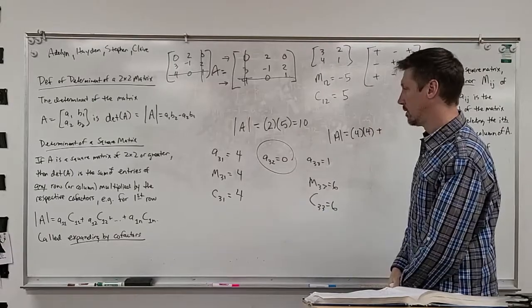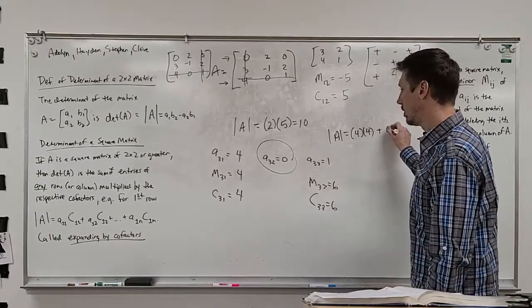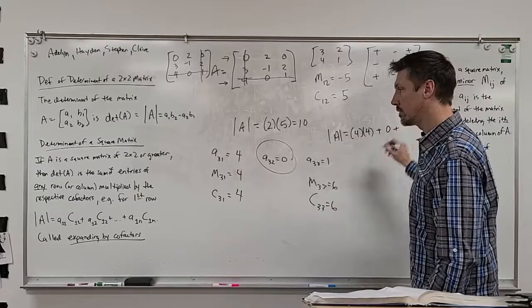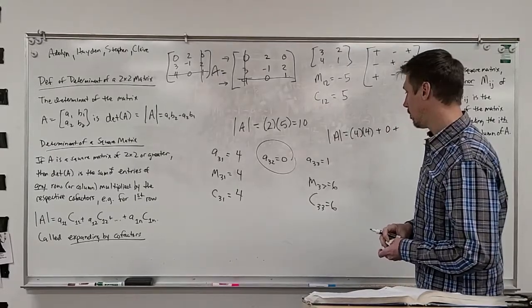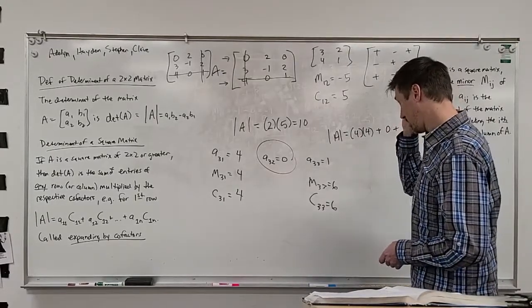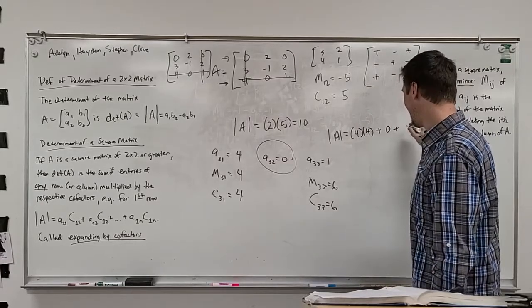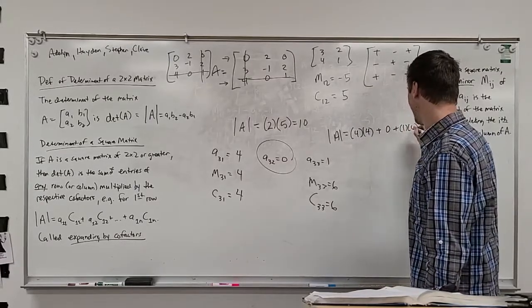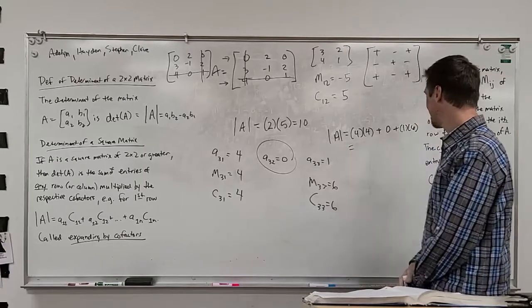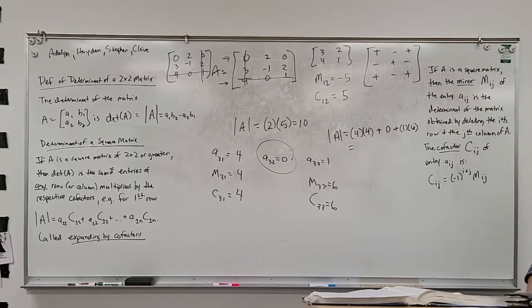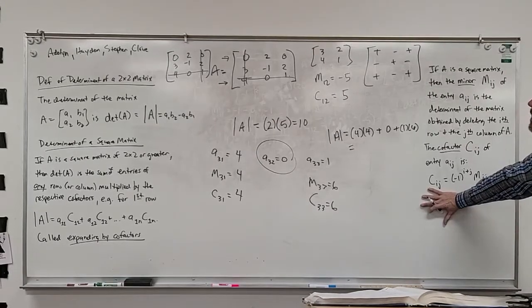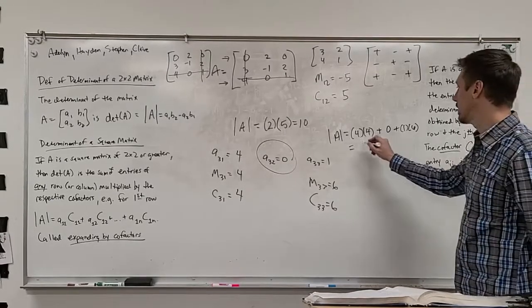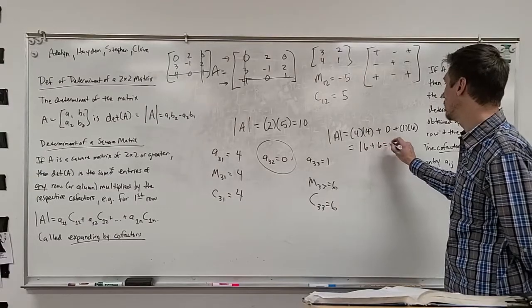Plus 0 times whatever, plus 1 times 6. Didn't work out, did it? 1 times 6. All right, so that gave us... what did I do wrong? This is going to give us 16 plus 6, which equals 22.